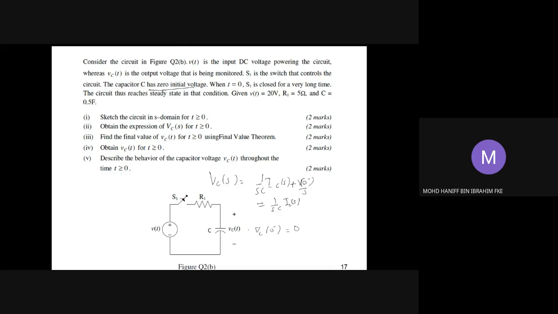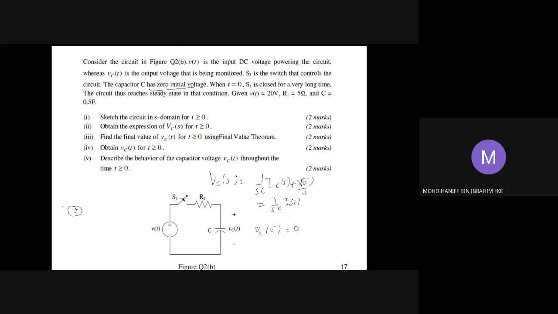So there is no voltage source in series with this capacitor. From this information, we can straight away sketch the circuit in the S domain. We are given the source voltage is equal to 20 volts.